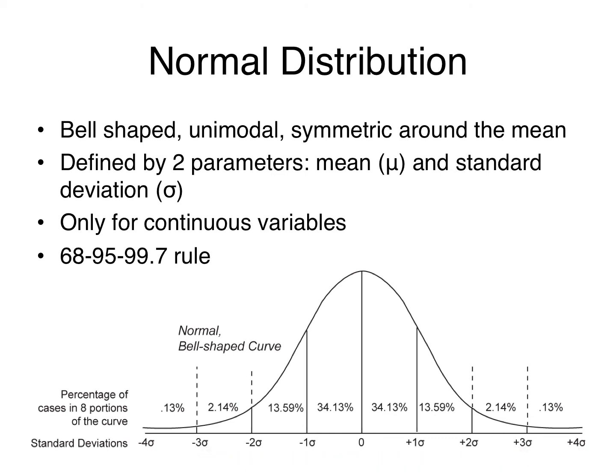So if a sample of students has an IQ of 100 with a standard deviation of 10, then approximately 68% of students will have IQs between 90 and 110.